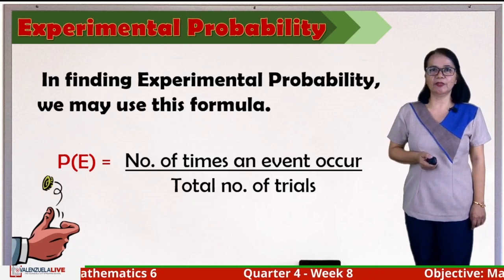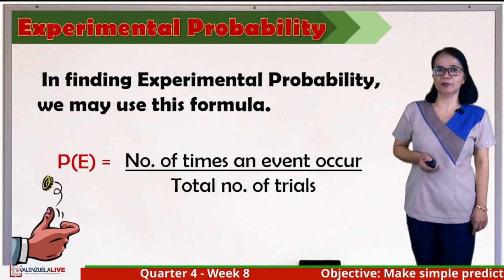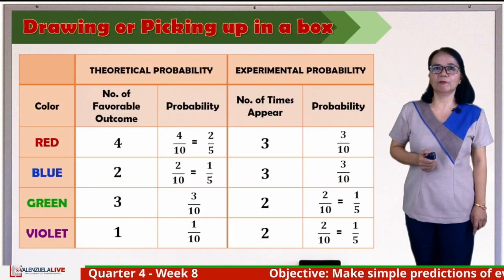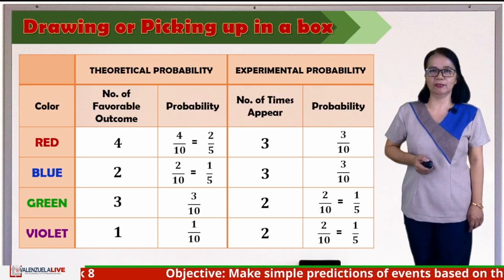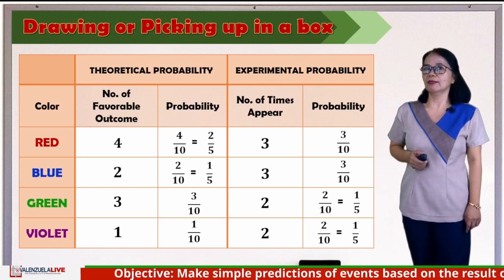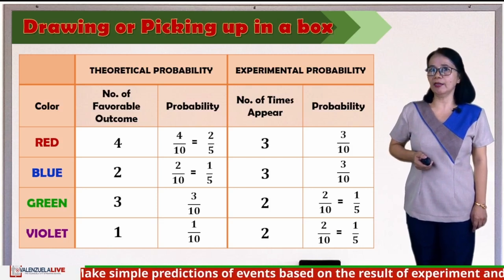After recording the number of times the marbles appeared, compare the results of theoretical probability to the experimental probability. What do you notice? Precisely, there is a difference. Why?